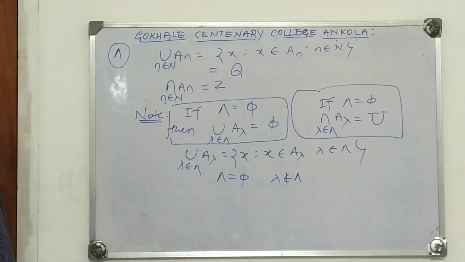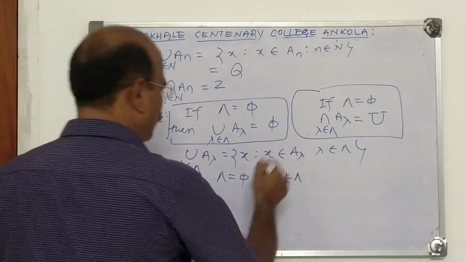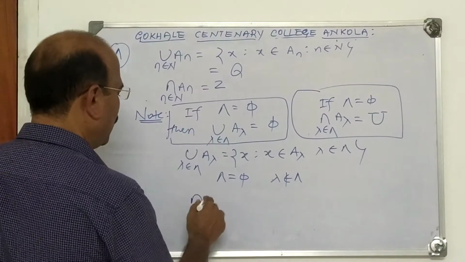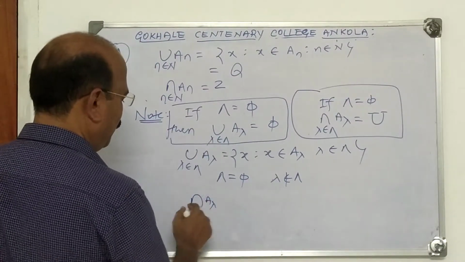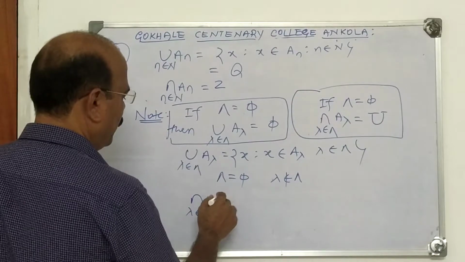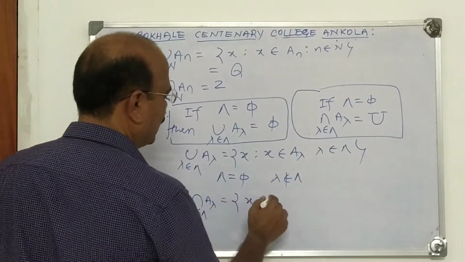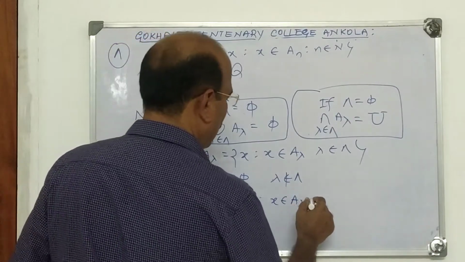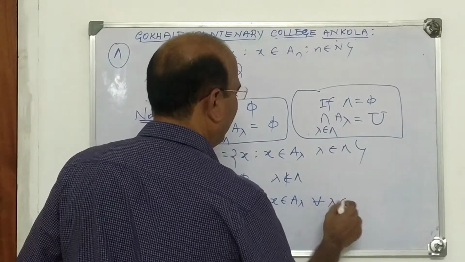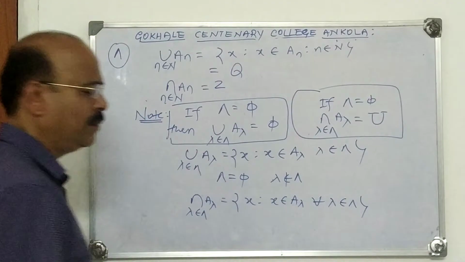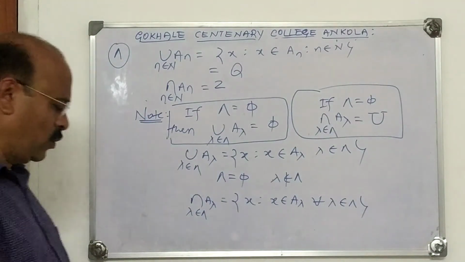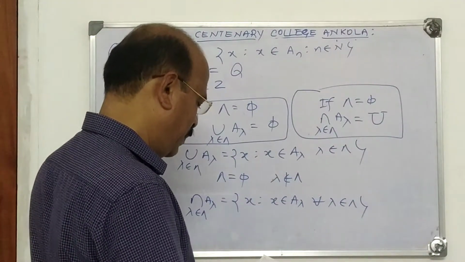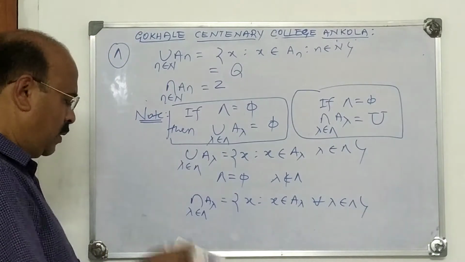Because how do we define the intersection of A lambda? It is the set of all x such that x belongs to A lambda for all lambda belongs to Lambda. Correct?